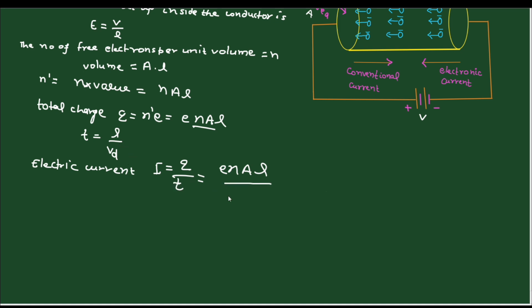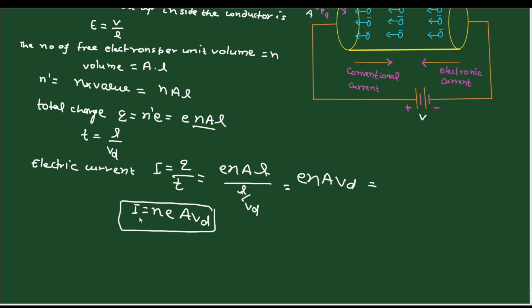What is t? t is L upon Vd. L cancels out. That is e N A Vd. So this is the final answer: I equal to N e A Vd. This is the expression of electric current in terms of the drift velocity.